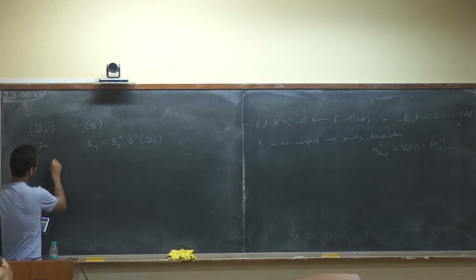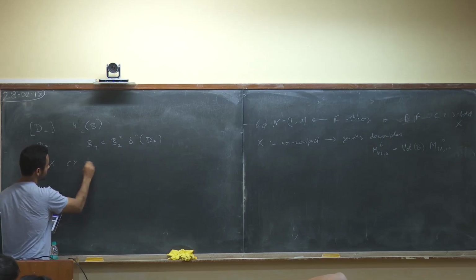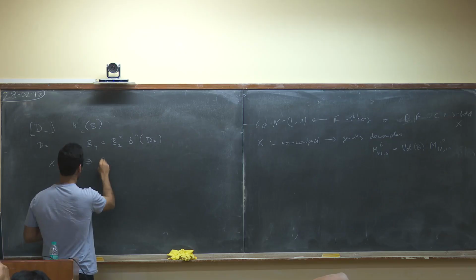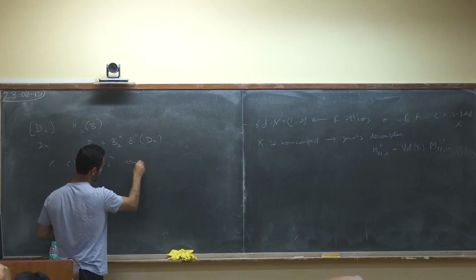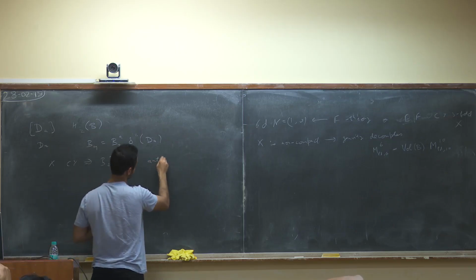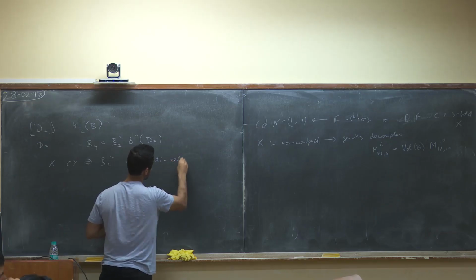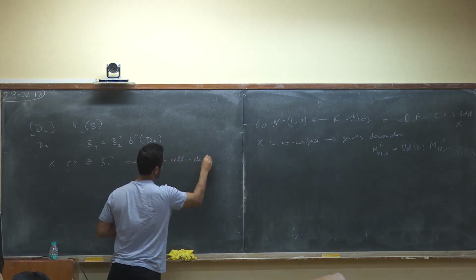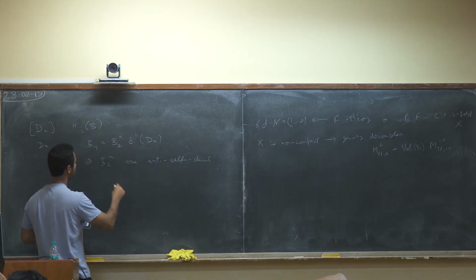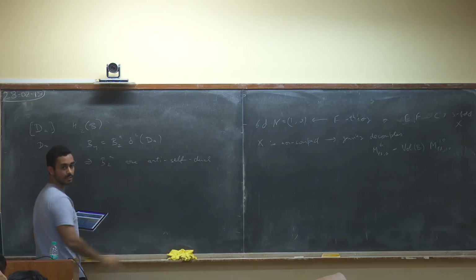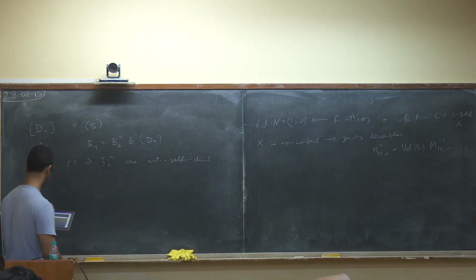Okay, the fact that X is Calabi-Yau lets you prove that all of these B2As are actually anti-self-dual. So what it means is that their field strengths are anti-self-dual.